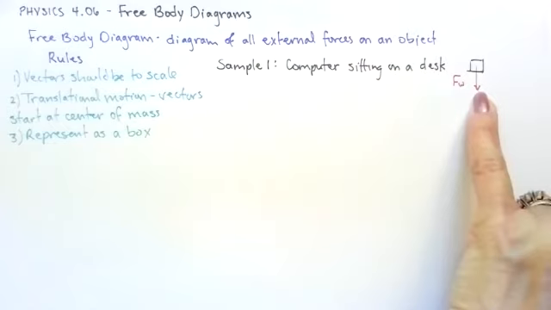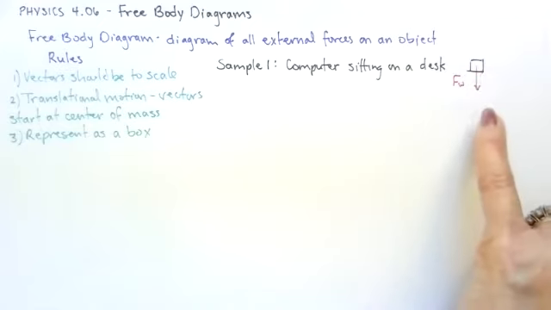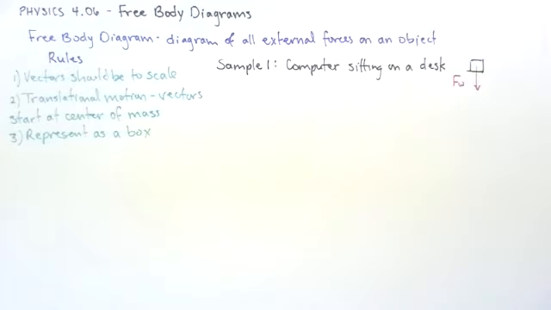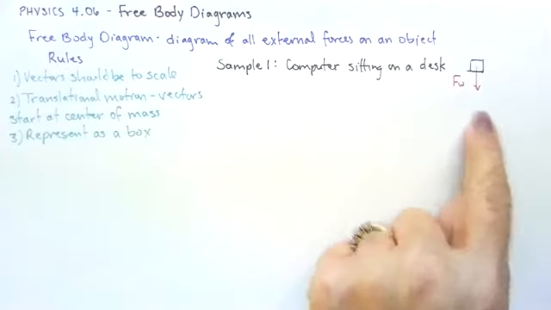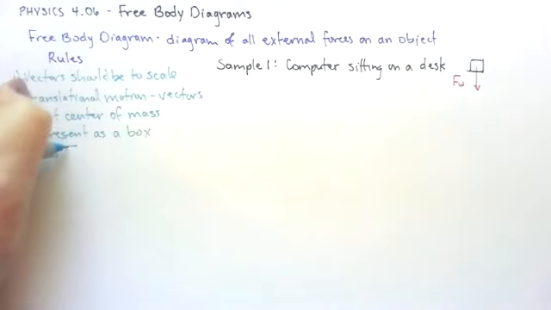The weight vector is always going to be the same because it's mass times acceleration due to gravity. The mass of the box usually doesn't change, and acceleration due to gravity never changes unless we change elevation. So again, I recommend drawing your weight vector first.